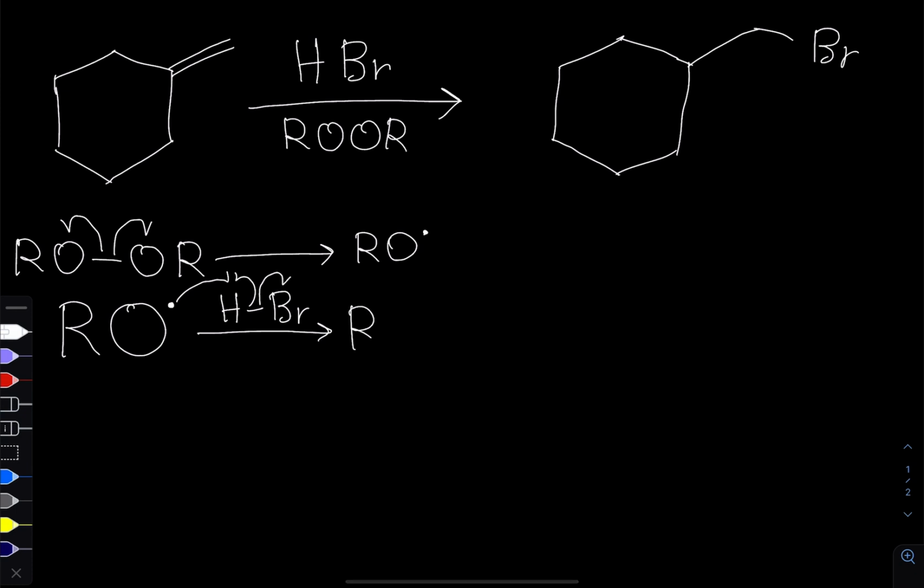So we're going to get ROH on one side plus a radical bromine atom. This radical bromine atom is going to come in and react with the alkene.